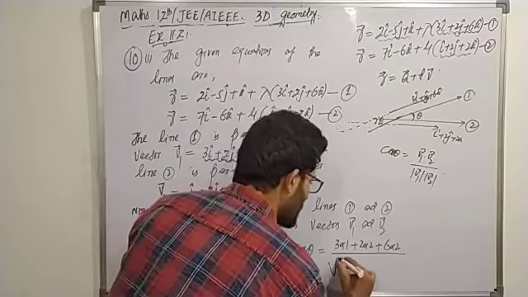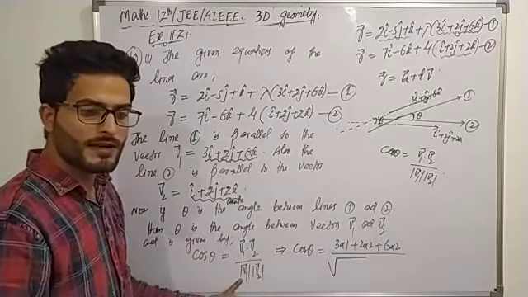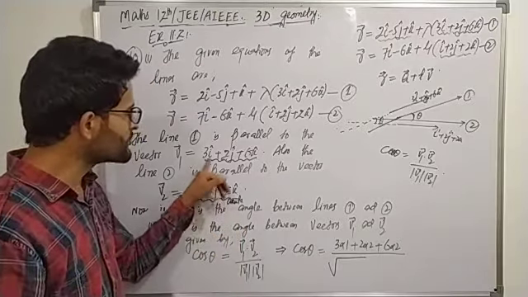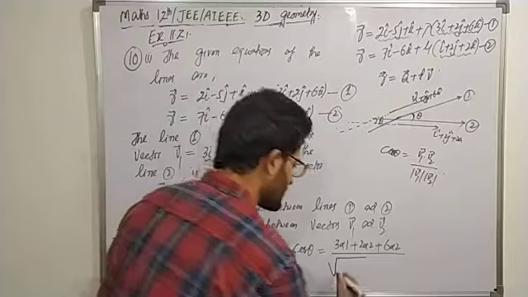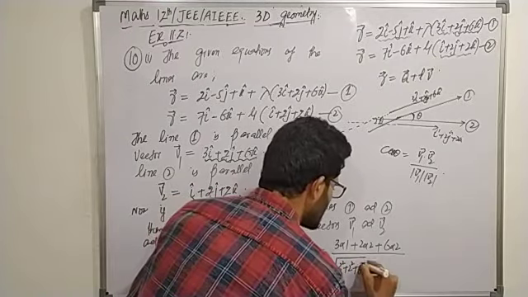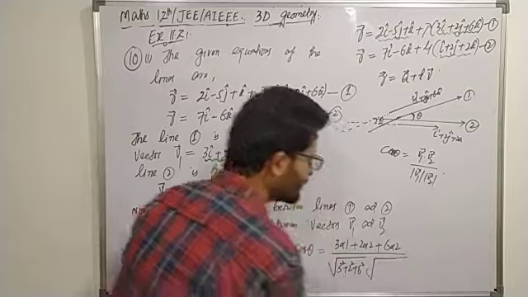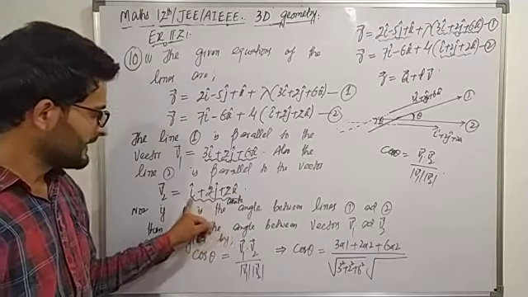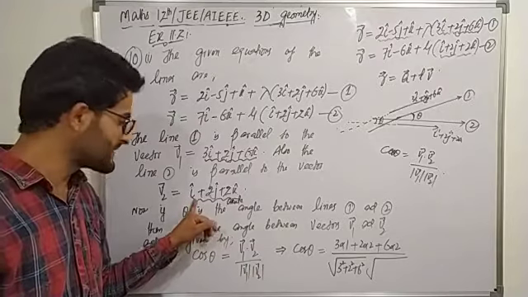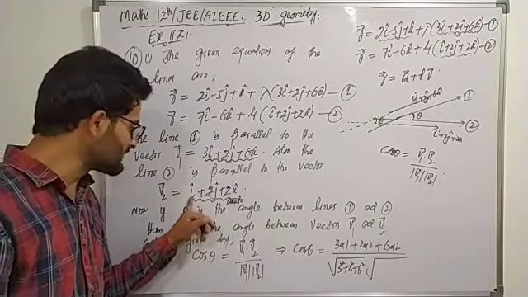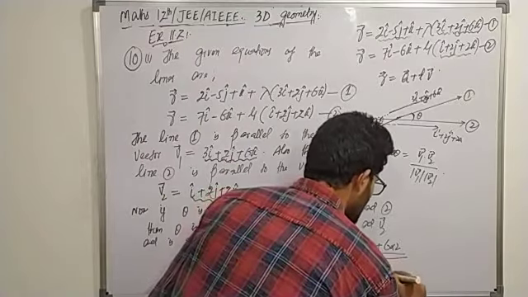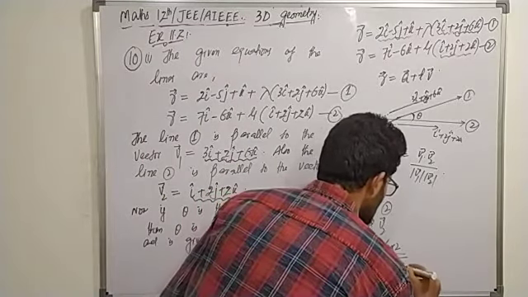What is magnitude equal to? Non-negative square root of sum of squares of the scalar components, that is 3 square plus 2 square plus 6 square, into square root of, yes, magnitude of v2, the non-negative square root of sum of squares of scalar components of vector v2, that is 1 square plus 2 square plus 2 square.